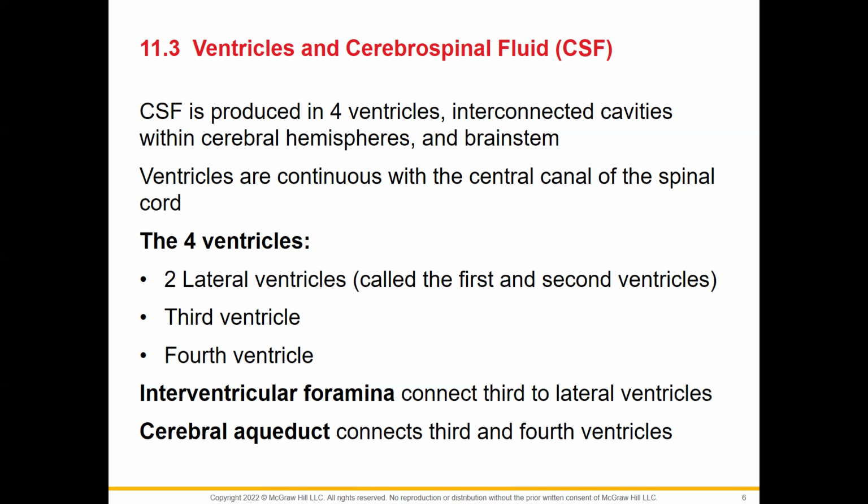Some of that rain will be collected in these aqueducts, and they'll all feed into some other kind of duct system and eventually go to the lake or a bayou or the river or something. But an aqueduct is something that collects watery fluid and then distributes it somewhere else. So the cerebral aqueduct will connect the third and fourth ventricles, collecting fluid from the third ventricle, sending it to the fourth ventricle.